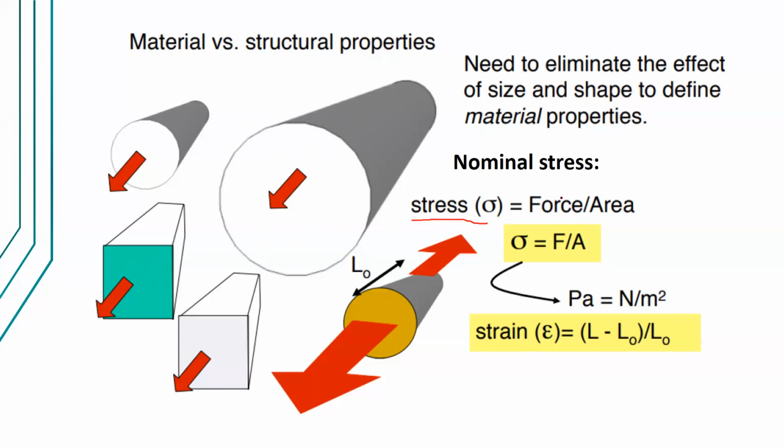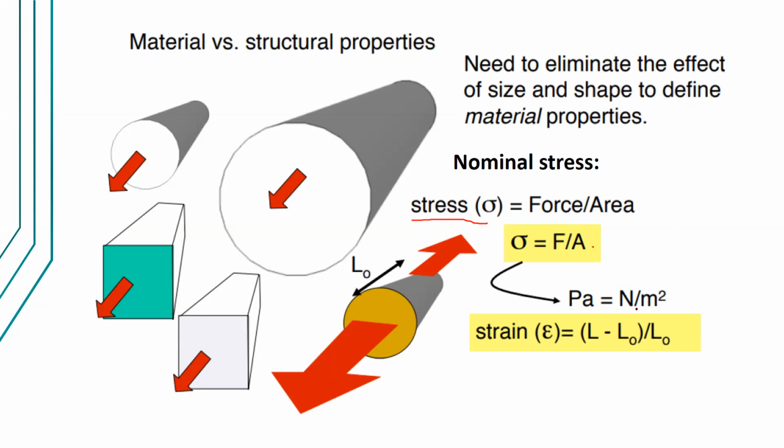Stress again is simply force per area, or F over A, and the area we're considering is your cross-sectional area. Typical units would be Pascal, which is equivalent to Newton per square meter. Megapascal can also be used, or gigapascal, or you can actually use pounds per square feet, and so on and so forth.